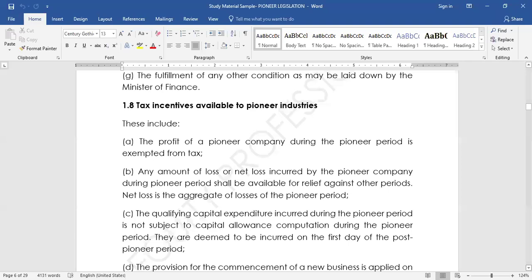So, tax incentive available to a pioneer company. We have said the profit of a pioneer company during the pioneer period is exempted from tax, the tax being company income tax and education tax. Next, any amount of losses incurred during the pioneer period shall be available for relief against profit arising after the pioneer period. Let me give an example.